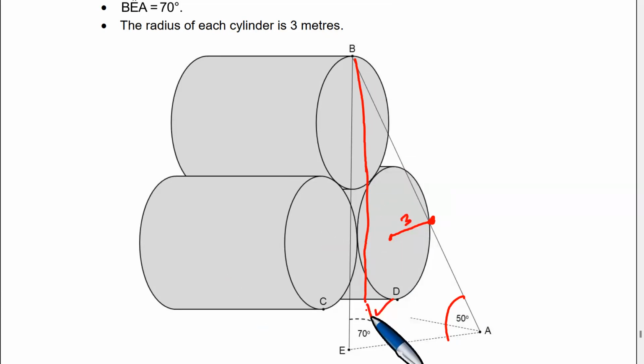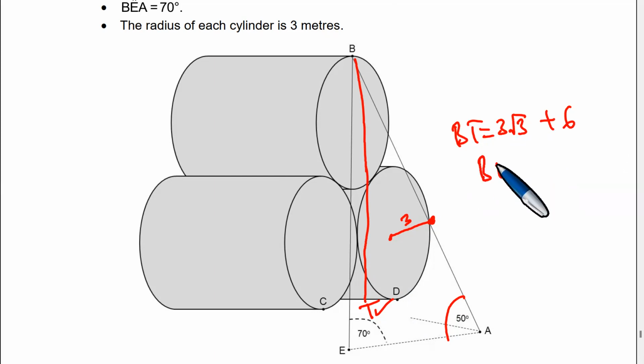We have been able to find BT, and we saw that BT was 3 square root of 3 plus 6. So BT would be the same as what? Let me quickly do it. You have 3 square root of 3, you add 6.